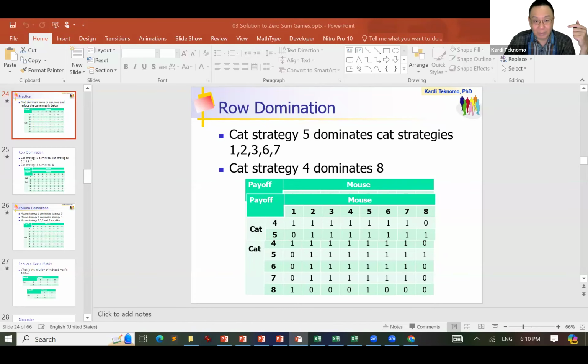So you can compare between 5 and all these strategies, and 4 also dominates number 8. The one that is dominated you can delete. And so we have only 4 and 5.